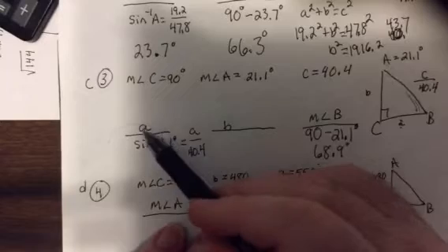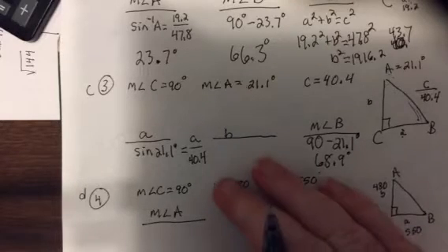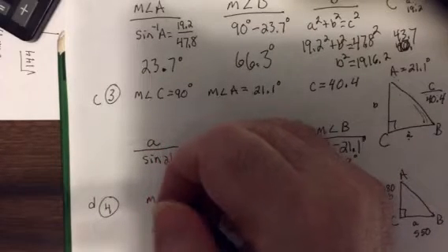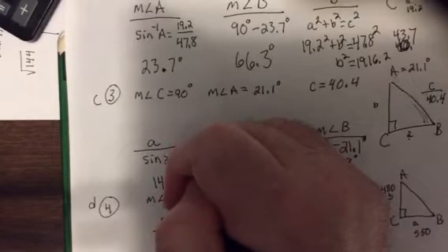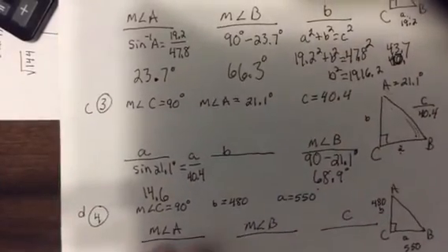So I'm going to cross multiply. So I have 40.4 times sine of 21.1. And that equals 14.58. So I'll give it 14.6. Now yours might be a little bit different depending on your calculator.